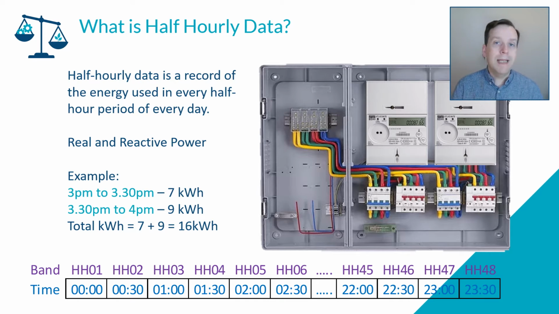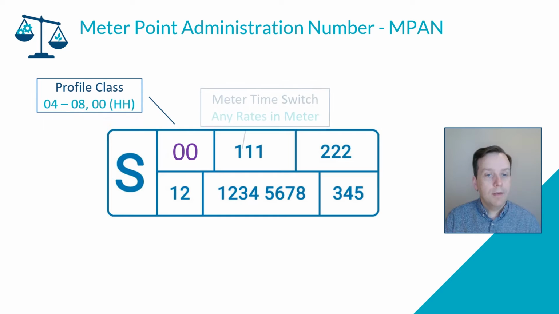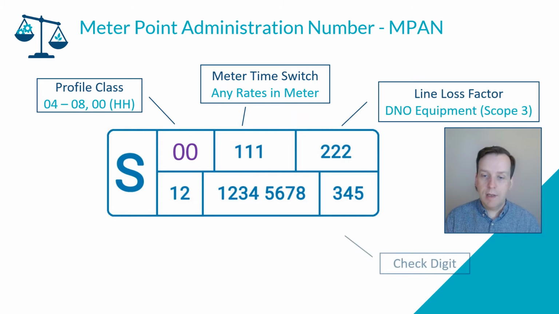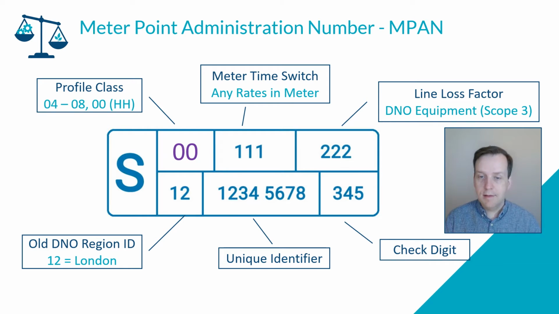11:30 p.m. So again, in the UK, we have a meter point administration number, otherwise known as an MPAN, and it contains a number of interesting information. So we have our profile class, and there's a number of classes in the UK reflecting the type of meter and whether it's connected to a business or domestic.